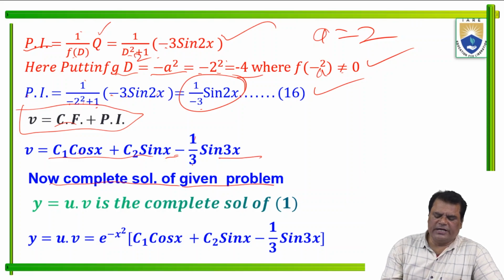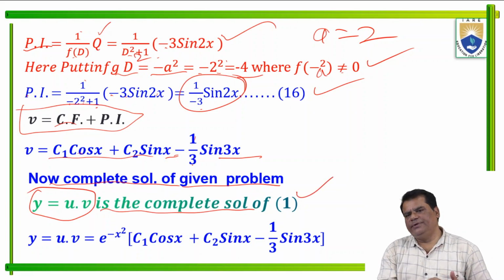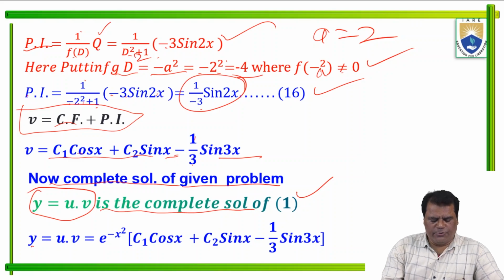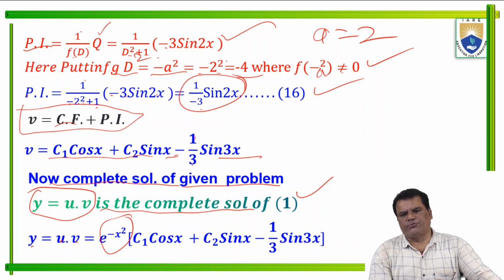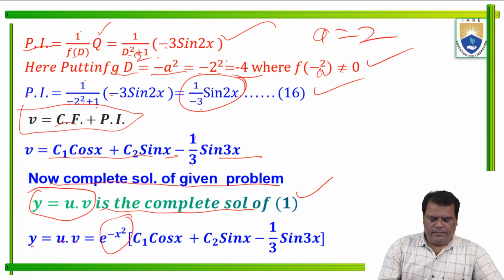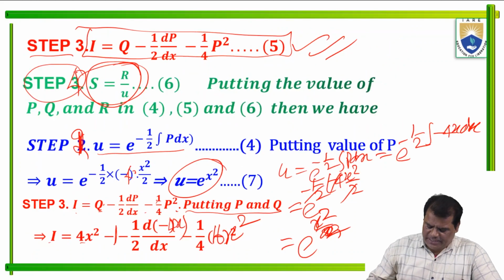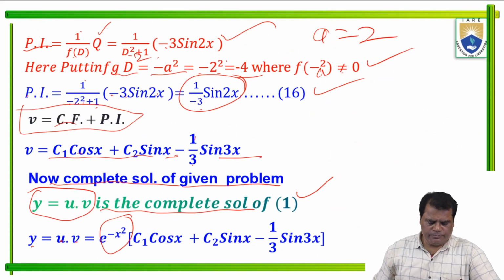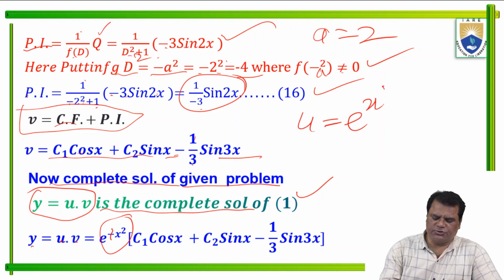Now the complete solution of the given problem is y equal to u into v. U into v is the complete solution of 1. So putting the values of u and v, we get the complete solution. Y equal to u into v. U is e to the power minus of integral of minus 4x, so e to the power plus x squared. This is u, e to the power plus x squared.